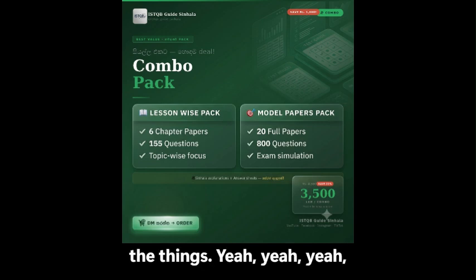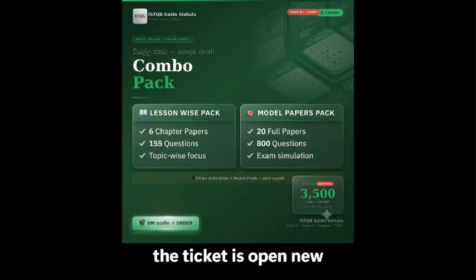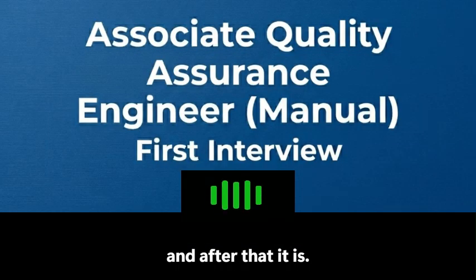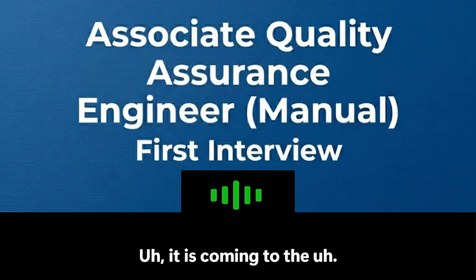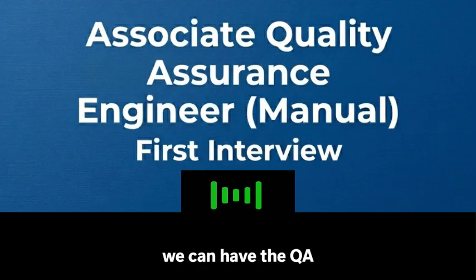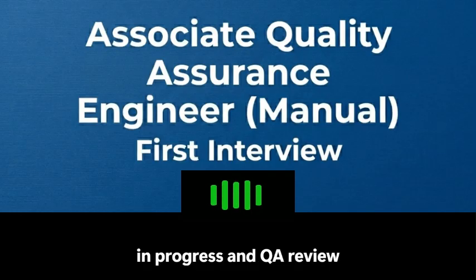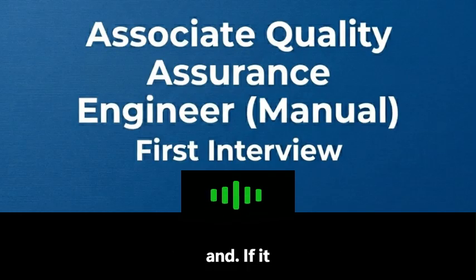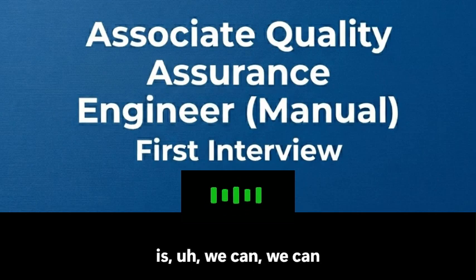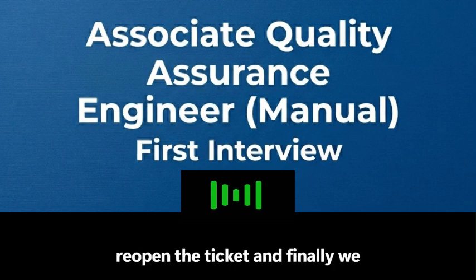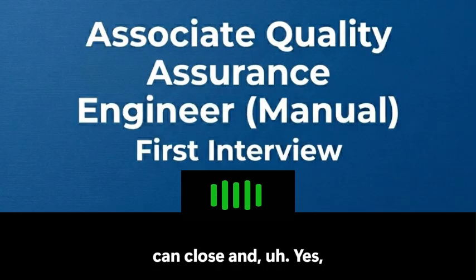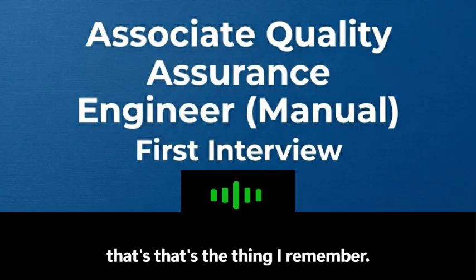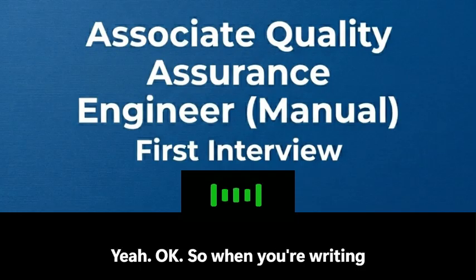The initial status of the ticket is Open or New, and after that it comes to the QA process, so we can have QA In Progress and QA Review, and if needed we can reopen the ticket, and finally we can close it. Yes, that's what I remember. Okay.